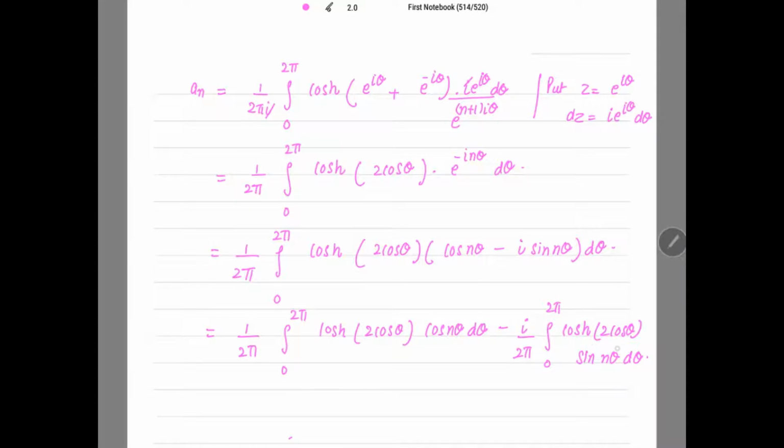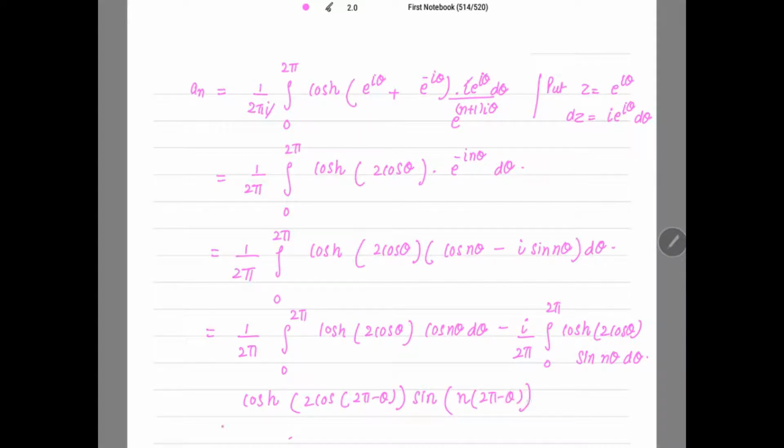This is your function, right? cos hyperbolic 2 cos. Now instead of theta, let's check for 2 pi minus theta, sine of n (2 pi minus theta).